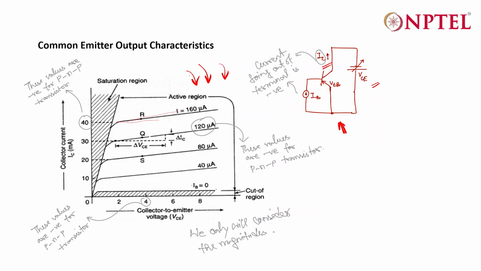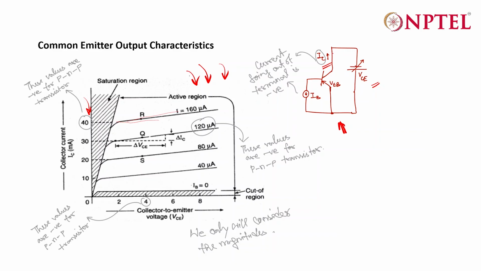Now, in this case, what you should note is that the current values here are actually negative. It should be negative because here you can see the current is going out of the terminal.